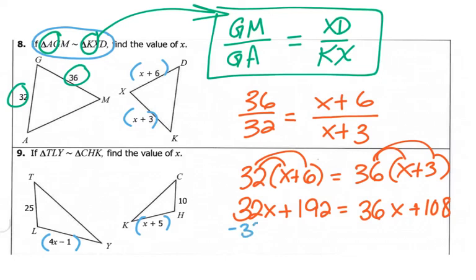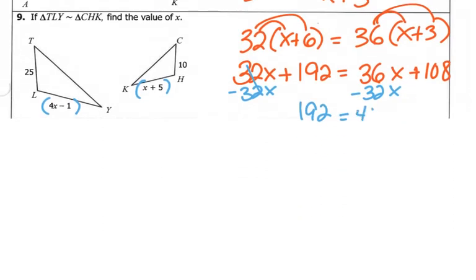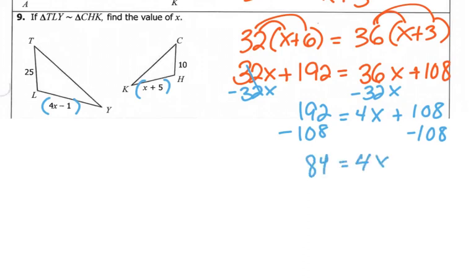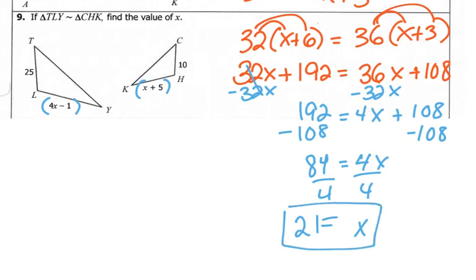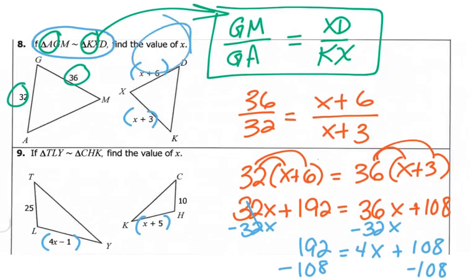So we'll go ahead and transpose 32 to the other side. All right, so we get X equals 21. If we look back at the question, that is all you had to find.